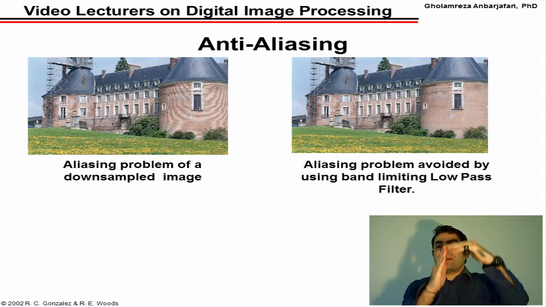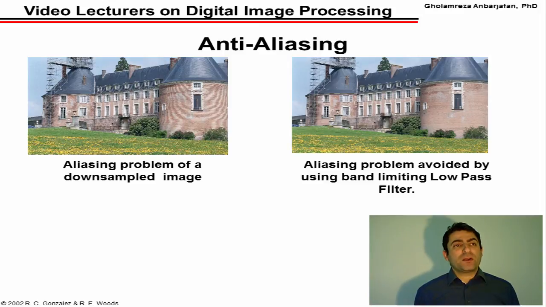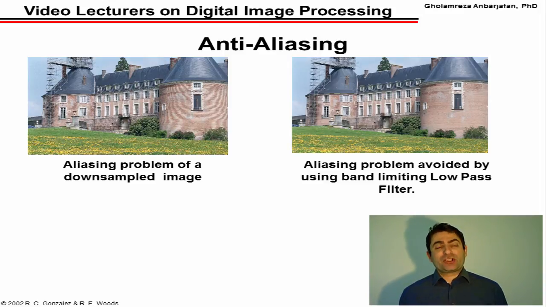In other words, the maximum frequency that we pass will be set by our filter. We can set that cutoff frequency to be half of the maximum sampling rate that we have in our camera.